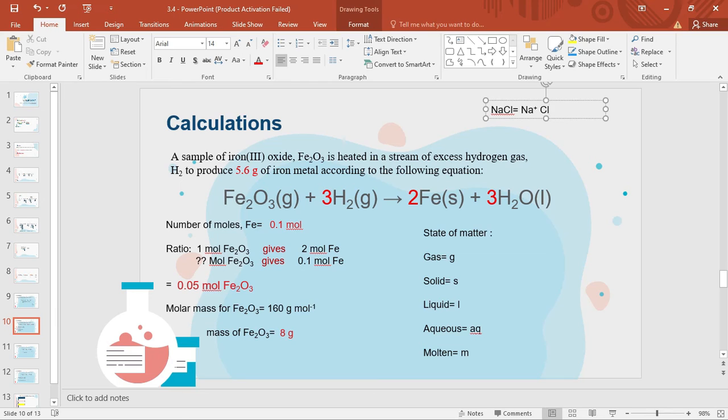If you refer to the book, to the table. Aqueous is where NaCl is put in water. If NaCl is put in water, they will exist as both Na plus and Cl minus.